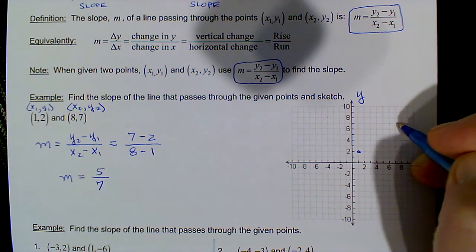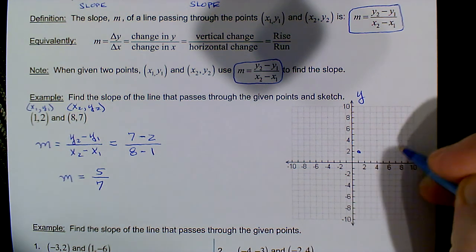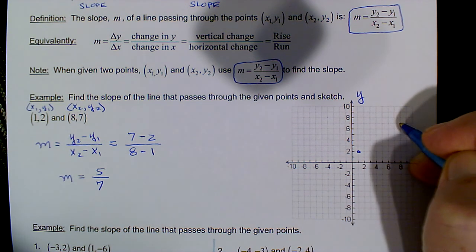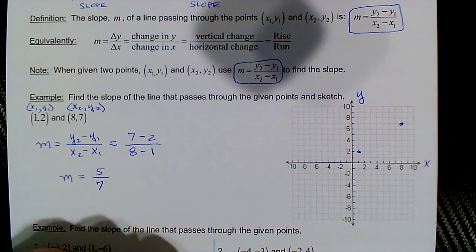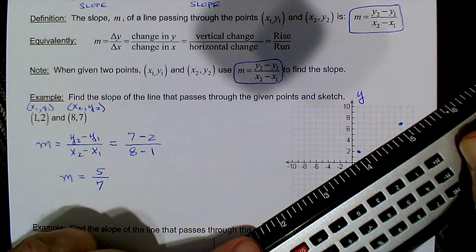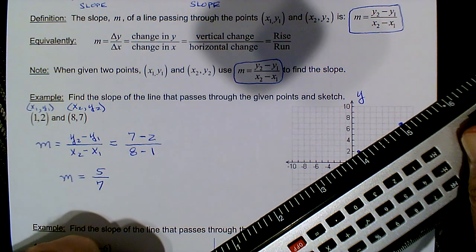And we've got the line that joins those 2 points. Remember, that's all we need, 2 points, for a line. We're not given the equation here, we're just given the 2 points.